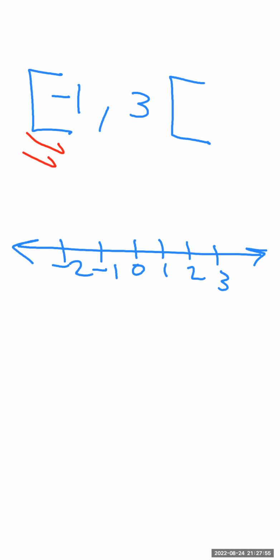To represent it, a shaded circle on -1, like this. The end 3, is it closed or open? Open. So simply an unshaded circle on 3. Of course, in all cases, the elements between these two numbers are included, so shade the distance between them.